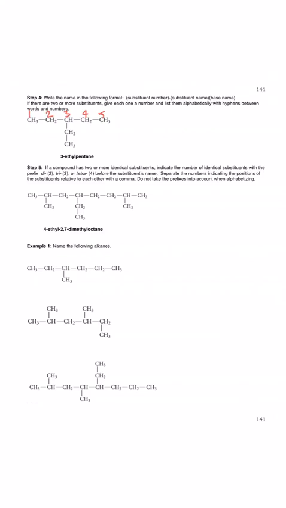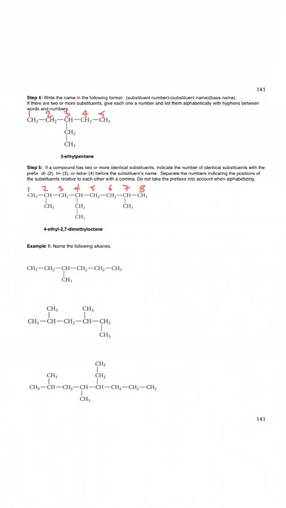Now let's take a look at the other molecule that we considered earlier. We are going to do the same thing here, but in this case, you have several attachments. Therefore, you will need to go alphabetically by the name of the substituent. For example, in this case, you have methyl groups, 2 of them, and you have an ethyl group. E comes before M, right?